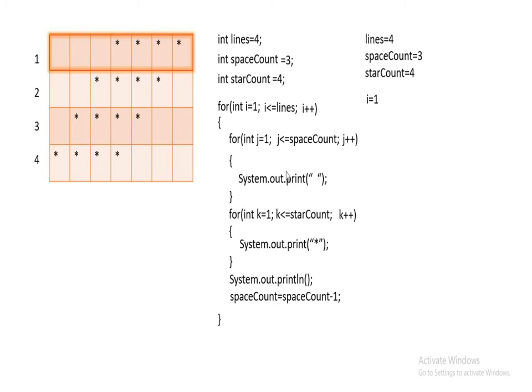It checks the condition. If the condition is true, then it comes to here. Now for int j equal to 1, j less than or equal to space count, 1 less than or equal to 3. It checks the condition. Condition is true. So print a space.